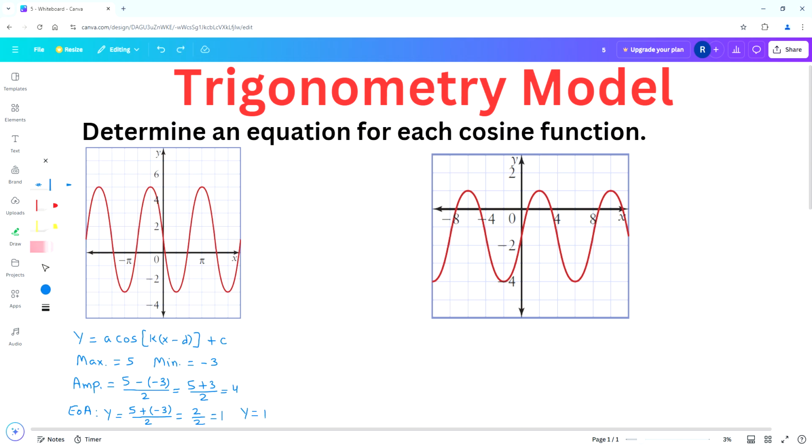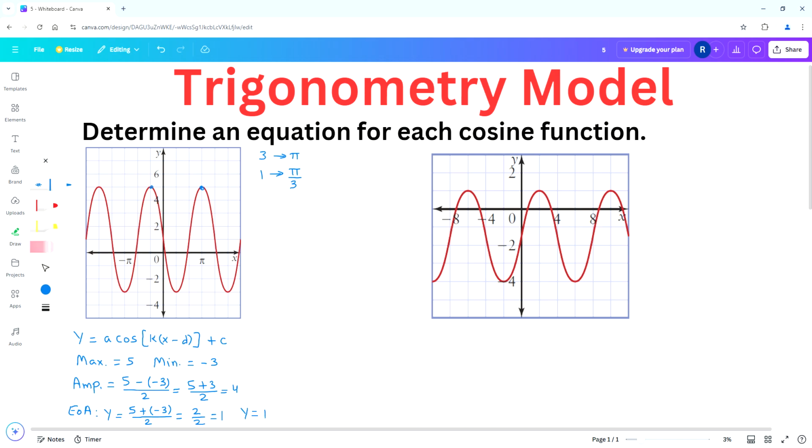For this function, we can calculate the period as the distance between these two consecutive maximum points. As per the scale on the x-axis, 3 squares are equivalent to pi units. So 1 square is equivalent to pi over 3 units.